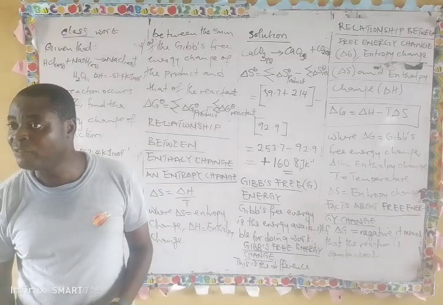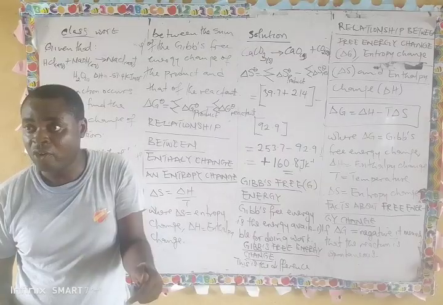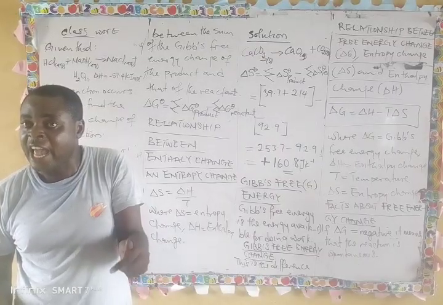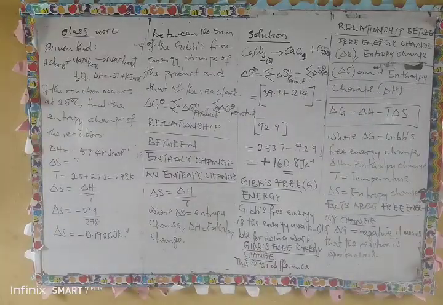You know, free energy is the energy available for doing work. If a system cannot take place by itself, are you getting it now? That system is not spontaneous because it relies on the energy available for doing work. Then that means delta G will be positive, and that reaction cannot take place spontaneously. It can take place, but it needs help.